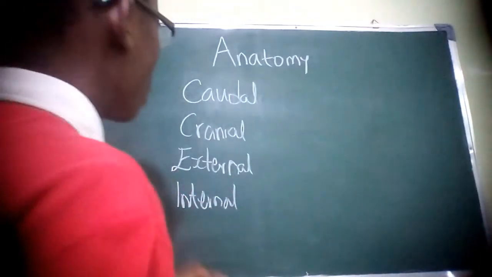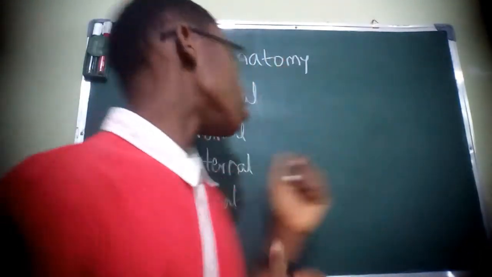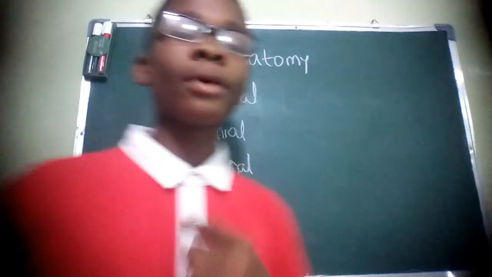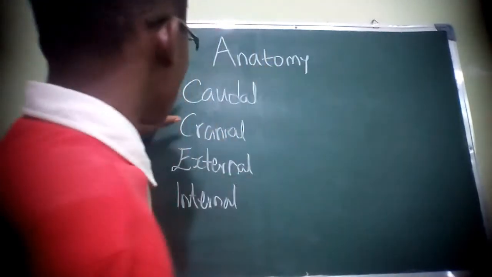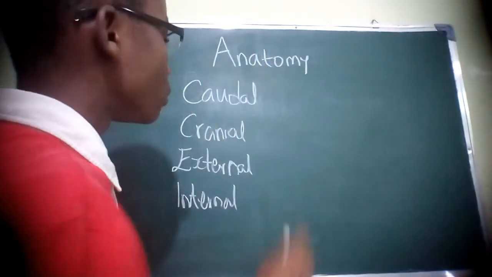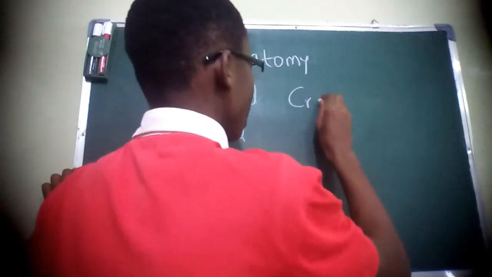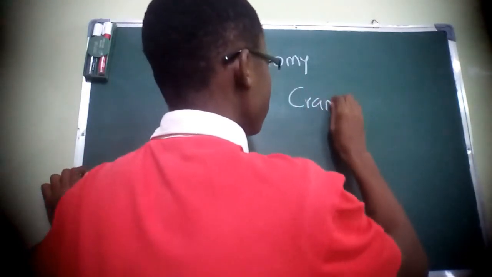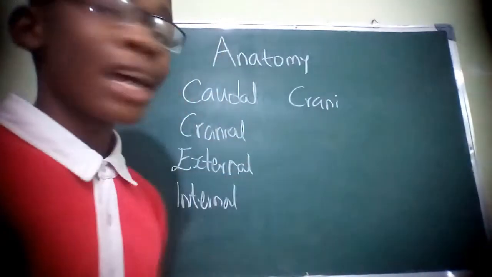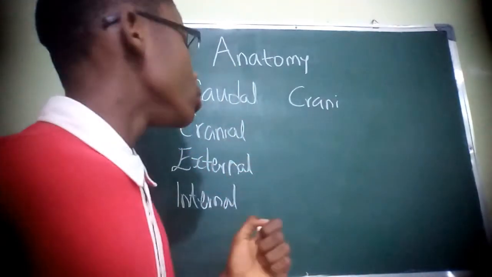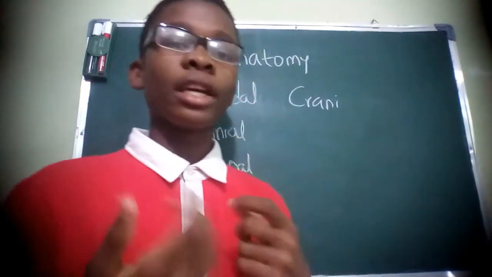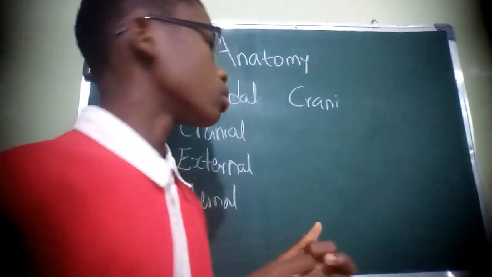So we look at caudal. Caudal simply means that the structure is nearer to the lower part of the body, or is at the lower part of the body, while cranial, if you look up your medical dictionary, you see that the prefix crani means that what you are referring to is nearer to the head, or is related to the skull.